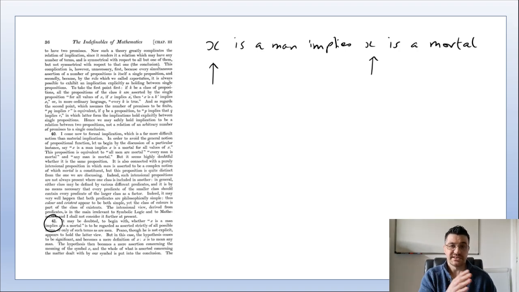So there is a difference between what Russell's talking about, formal implication in Principles of Mathematics, and formal implications understood in Principia Mathematica, just in case there's anybody that's not aware of the distinction.